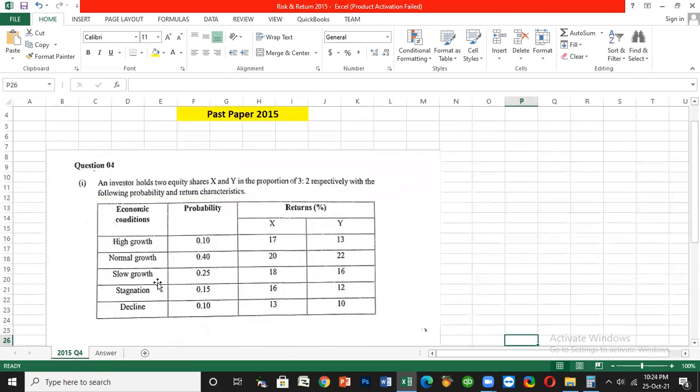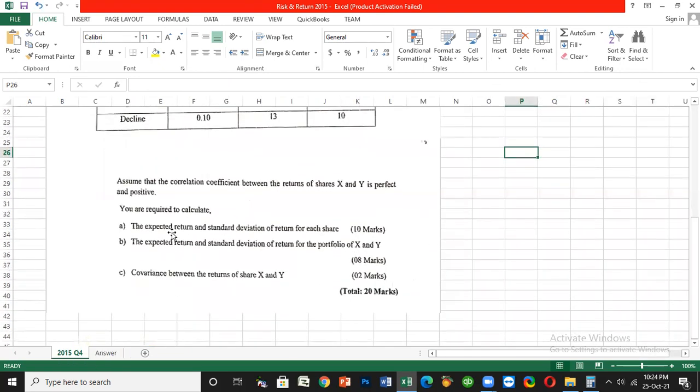The first question asks the expected return and standard deviation of return for each share.